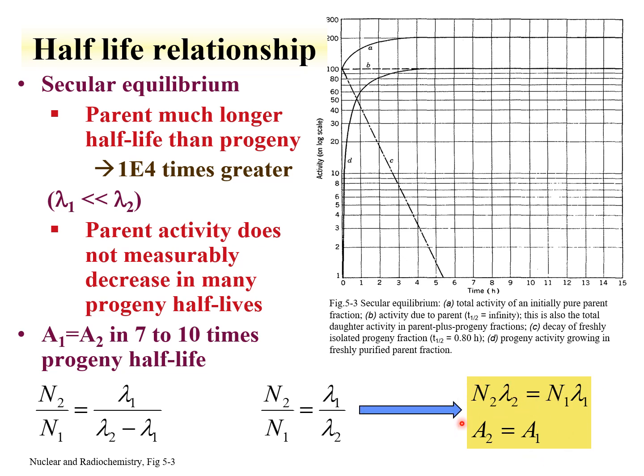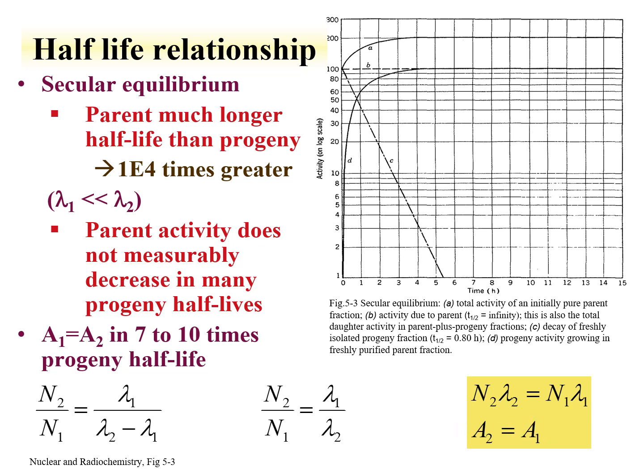If I were to take this equation, n1 lambda 1 is equal to n2 lambda 2. So in this equation, our transient equilibrium, since this value is small, we basically eliminate it from the equation for the secular equilibrium. And then we get these conditions, and the key condition being that the activity of the progeny winds up being equal to the activity of the parent.